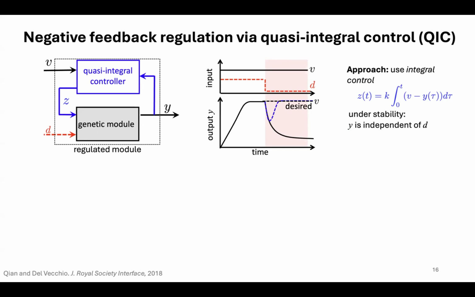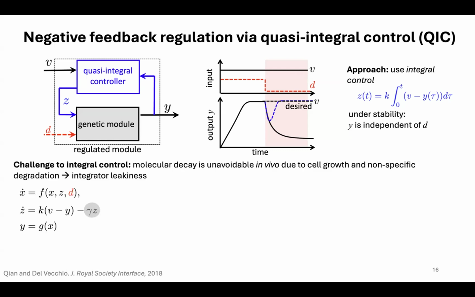Under stability of the system, this control law will ensure that your output will be completely independent of D at steady state if your reference value is constant and also the final value of the disturbance is constant. Although there are results that hold for time varying disturbances and input as long as they change slowly.